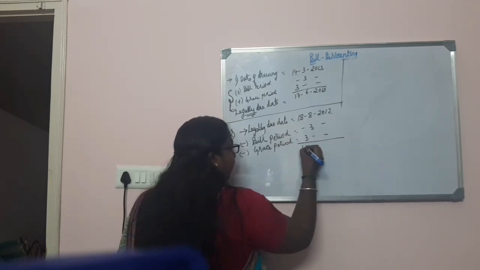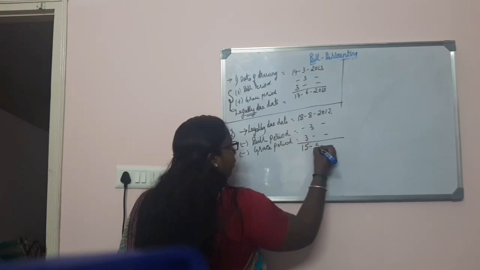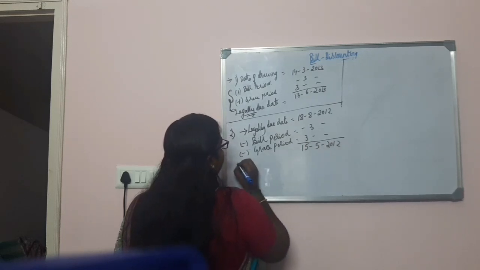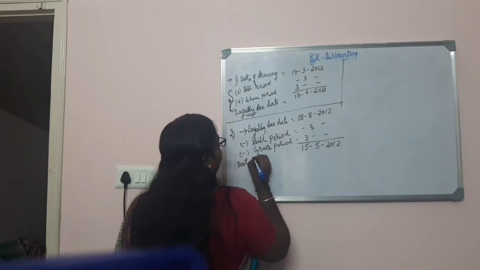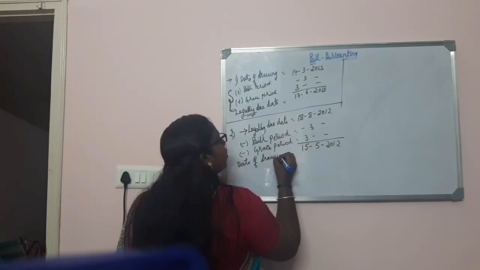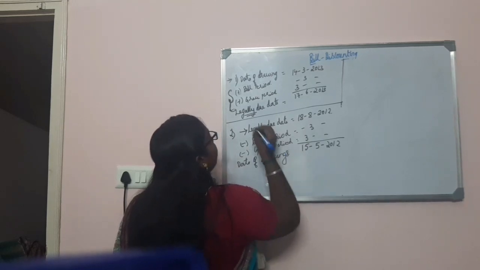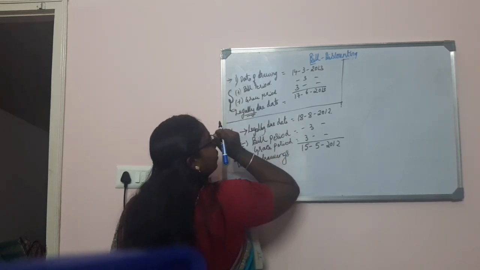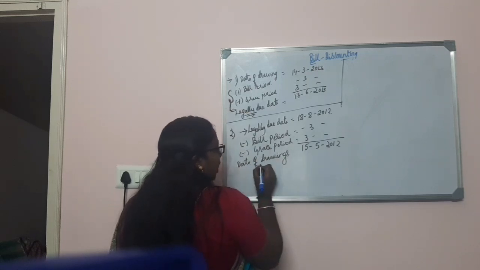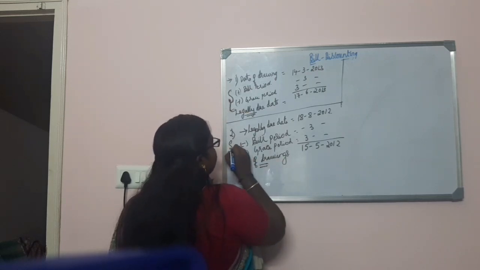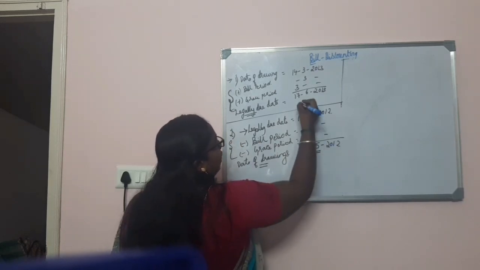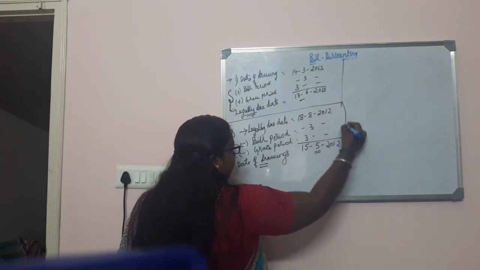So we'll get 15/5/2012 as the date of drawing. So when they ask for the legal due date, we first add the bill period and grace period. When they ask for the date of drawing, we subtract the bill period and grace period. So that is the difference between the first and second problem.